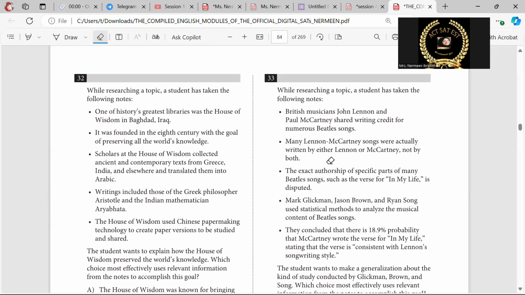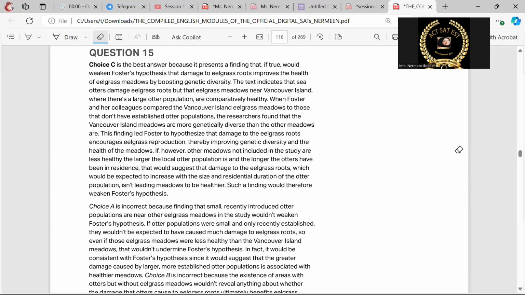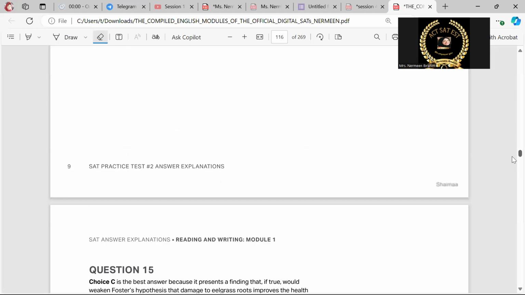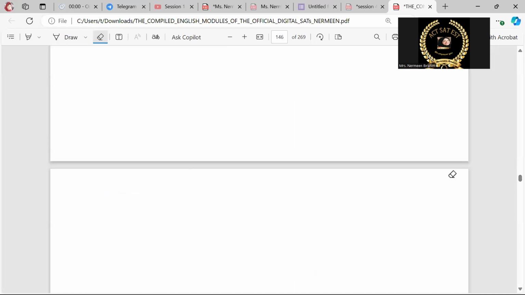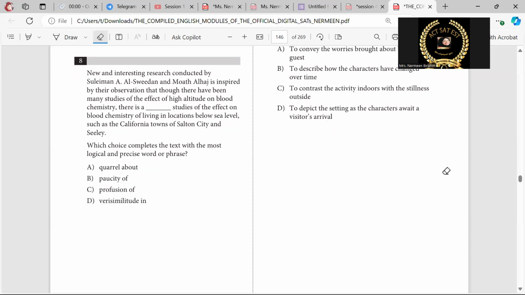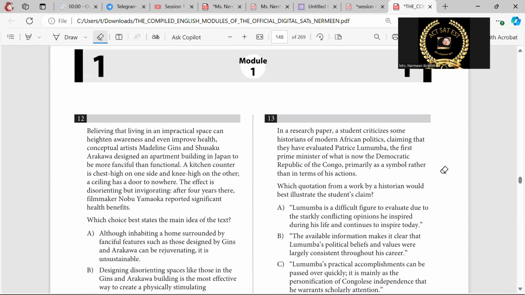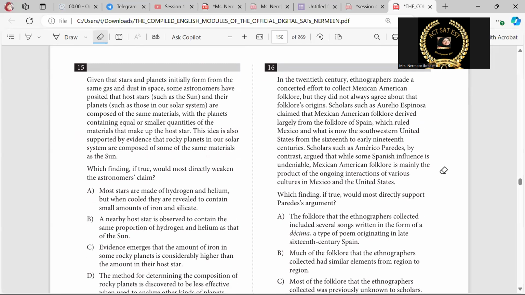By the way, let me tell you something about the modifier questions. You might find a whole module without a modifier question, and you might find a module with 2 modifier questions. It varies.